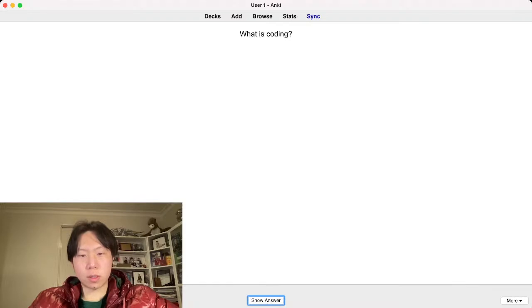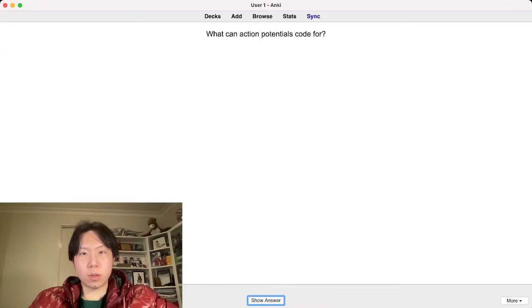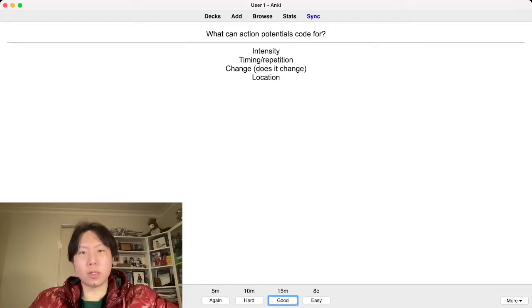What is coding? Conversion or reception, pattern, the body's response. Oh, this thing, yeah.